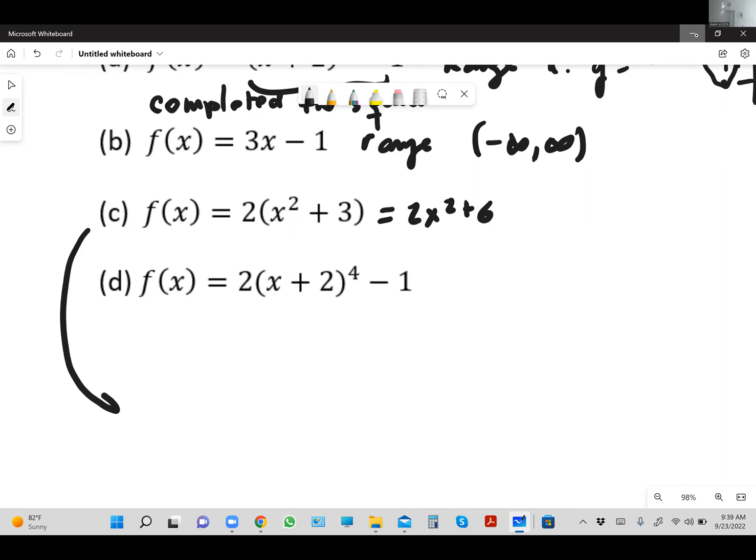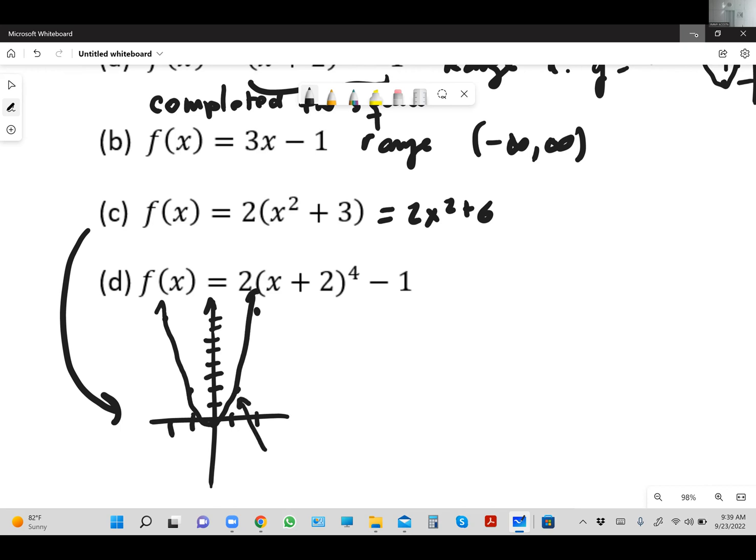This basically is, if you plot 2x squared, 2 squared is 4, 8. This is y equals 2x squared.